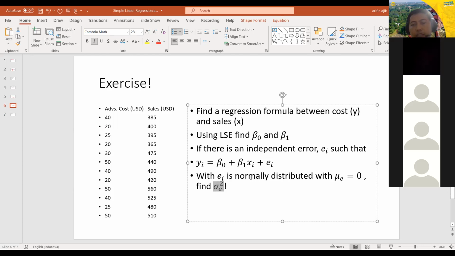After that, you can determine beta 1 or beta 0. Okay, sir. Yeah, please try. If you find some difficulty, you can ask me.